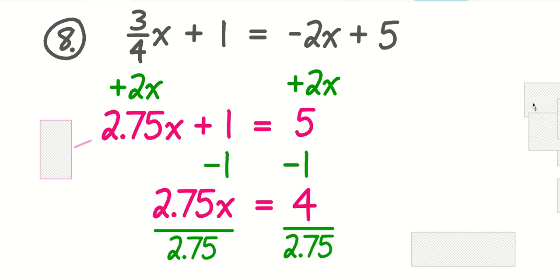Is this going to get us an exact decimal for our final answer? In this case, no. If you go on your calculator and do 4 divided by 2.75, it looks like a decimal that you might have to round off.